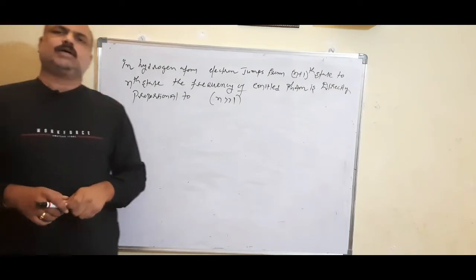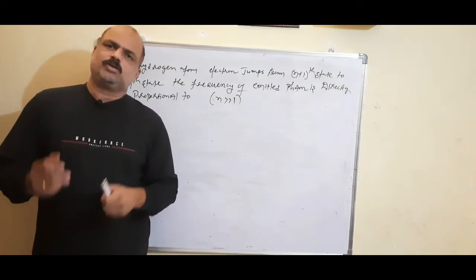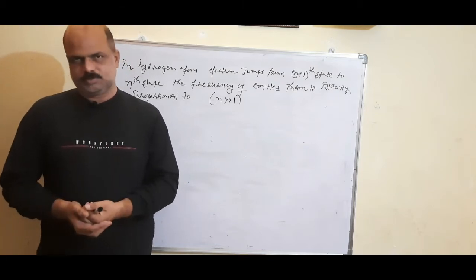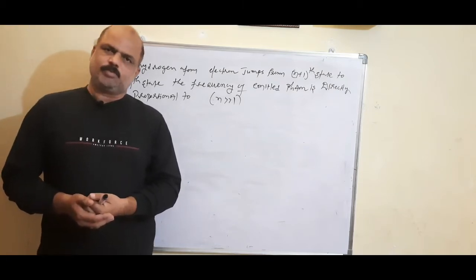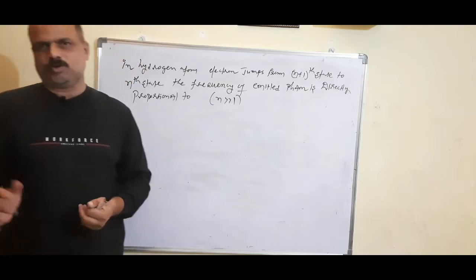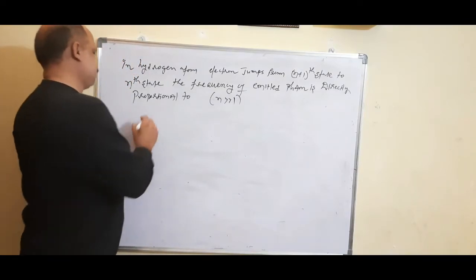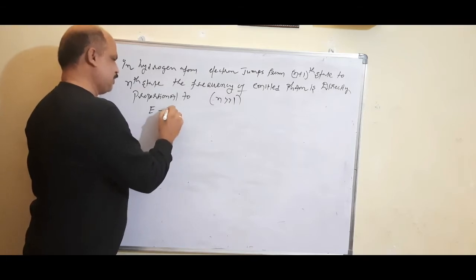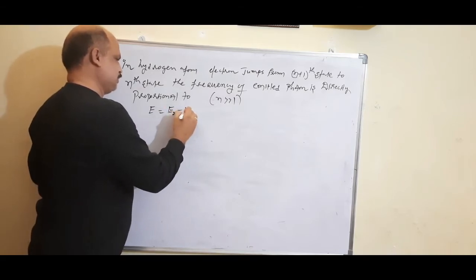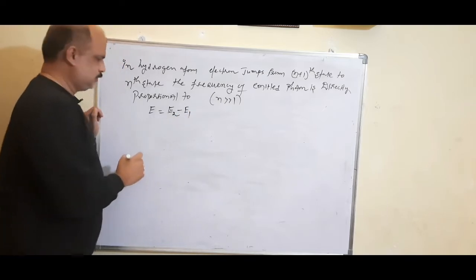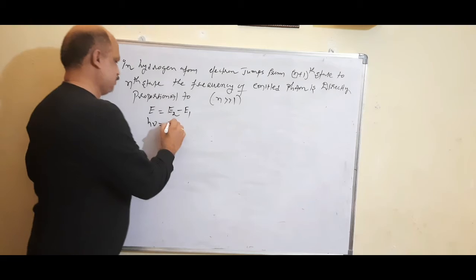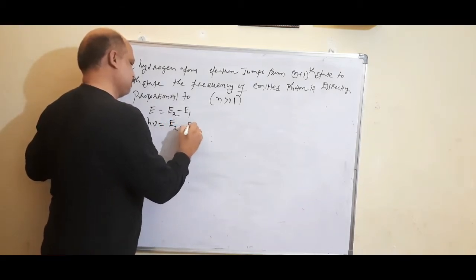So we know that whenever an electron jumps from a higher orbit to a lower orbit, it loses some energy. That loss in energy appears as a photon of energy. So E is equal to E2 minus E1, that is h nu is equal to E2 minus E1.